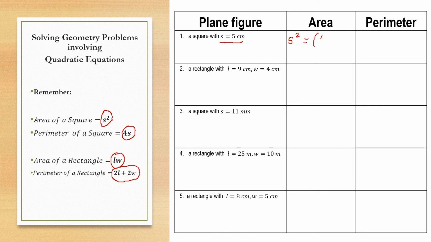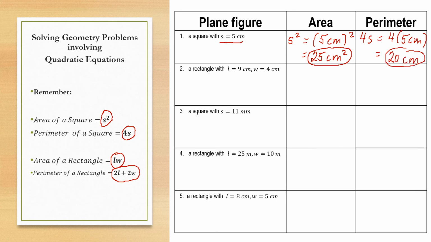Therefore, we have 5 centimeters raised to the second power, and that is equal to 25 square centimeters. For the perimeter of the square, the formula is 4 times the measure of a side, and that is 4 times 5 centimeters. Therefore, the perimeter of the given square is equal to 20 centimeters.